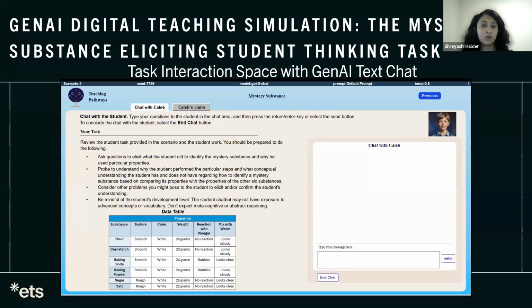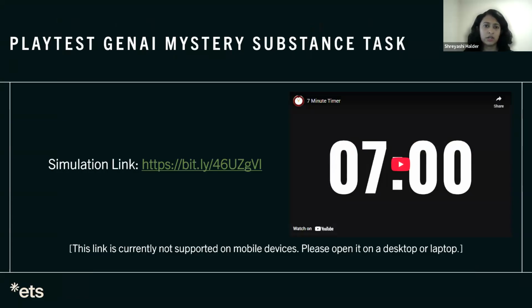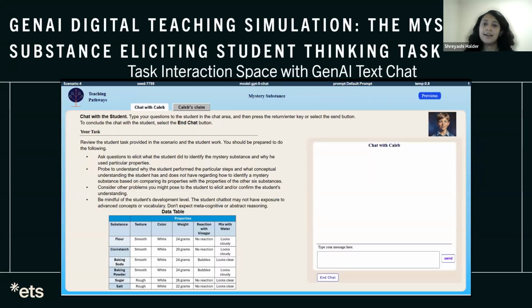The second tab is also available for you to review the student's claim again. I will give you a few minutes to read through. Trisha, can you go back so anyone trying to see the final screen can take a look? Then we will give you the opportunity to try out this simulation by yourself.